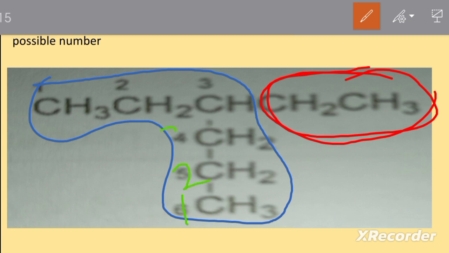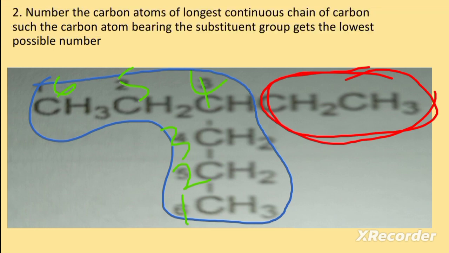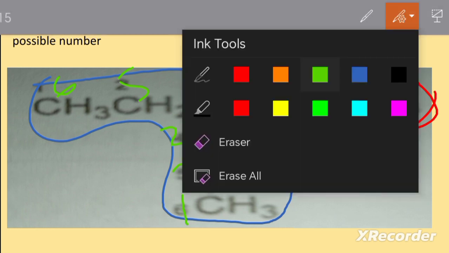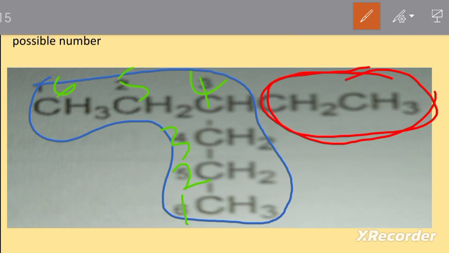I can number it 1, 2, 3, 4, 5, 6 this way, and I can name it like this, starting from here 1, 2, 3, 4, 5, 6. So this carbon bears this alkyl group.